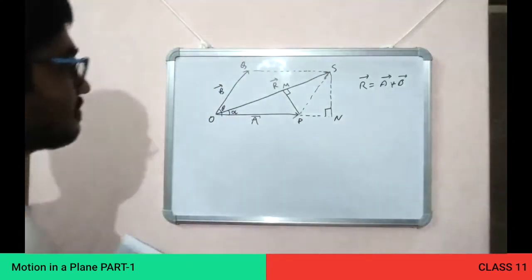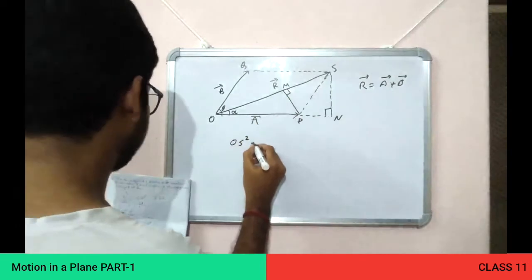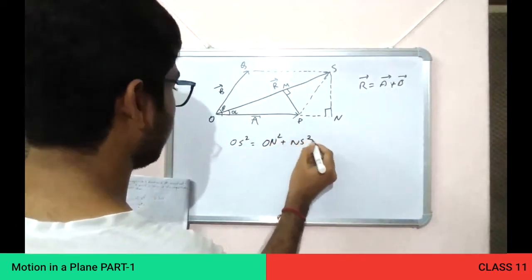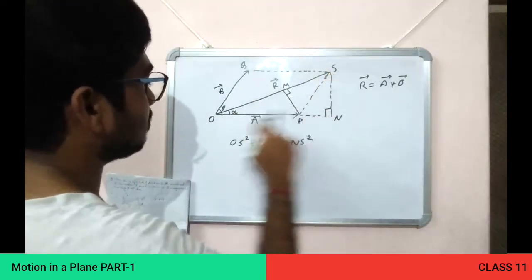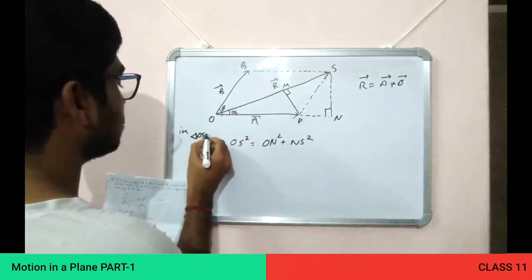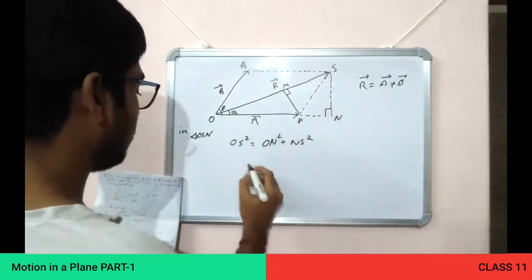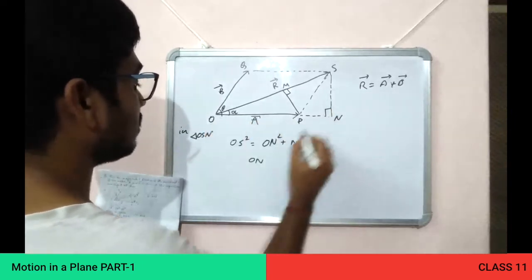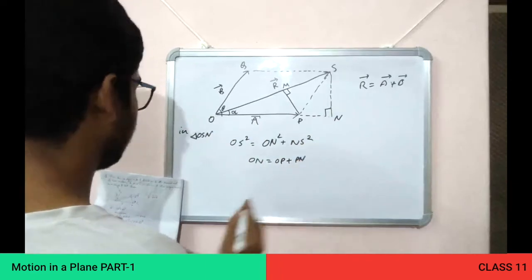So here OS square is equal to ON square plus NS square in triangle OSN. And here ON is equal to OP plus PN.